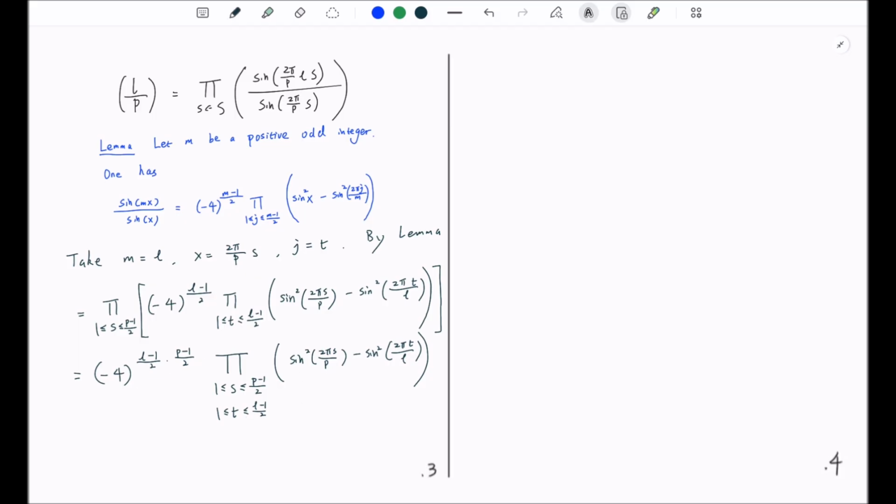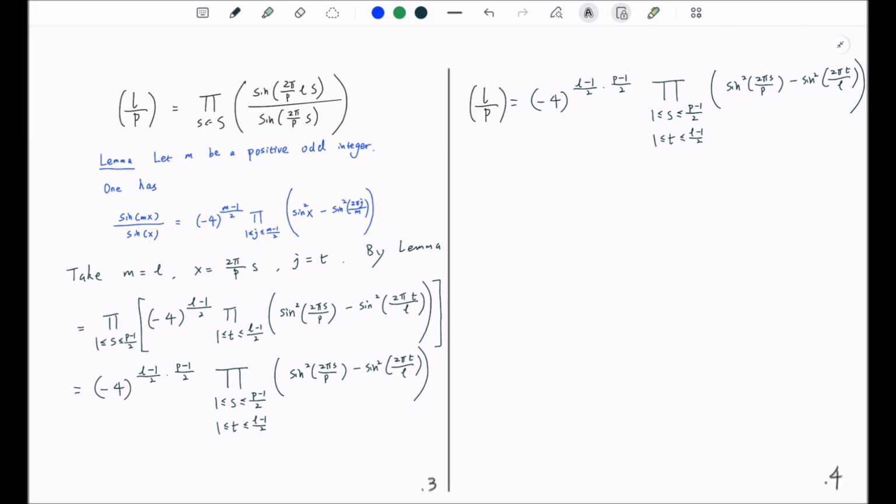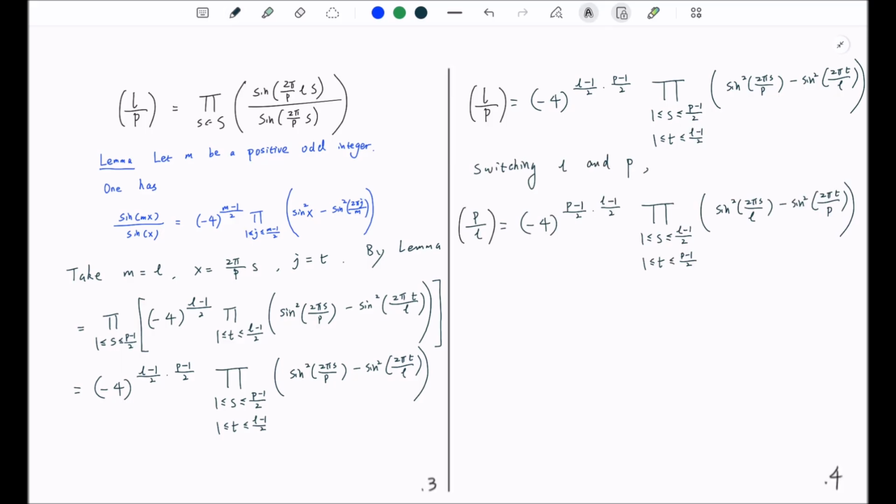From here, we see there's a very beautiful symmetry that we can take advantage of. Switching the roles of l and p, we have a dual version of this identity. And from here, we would like to put the term involving p in the first place and the term involving l in the second place.